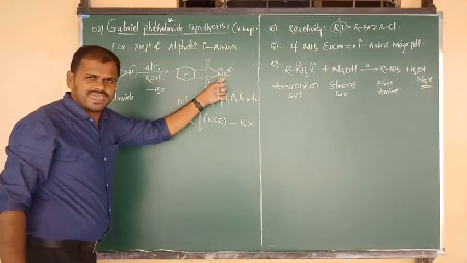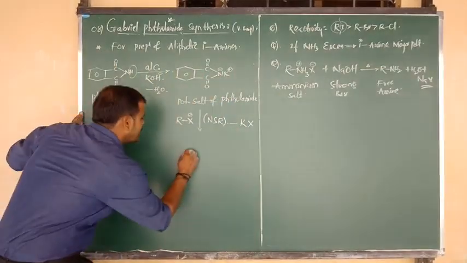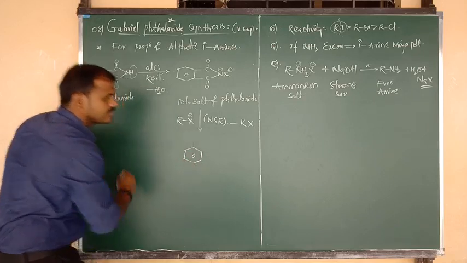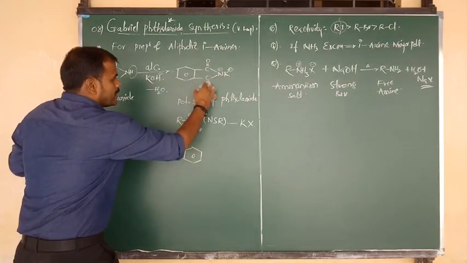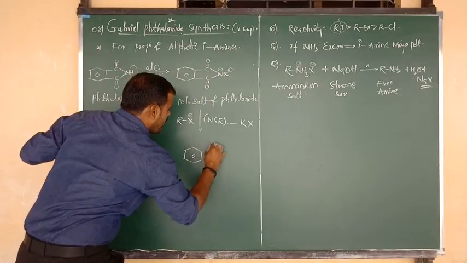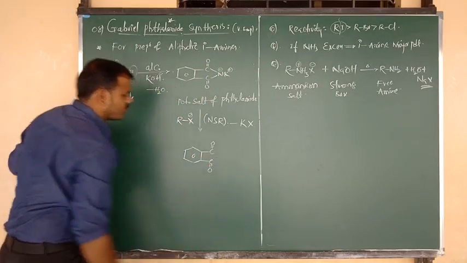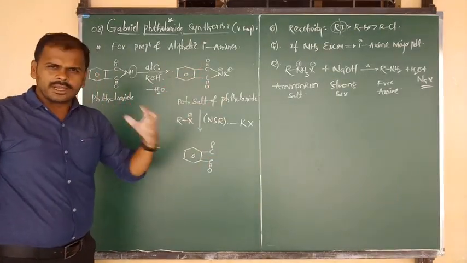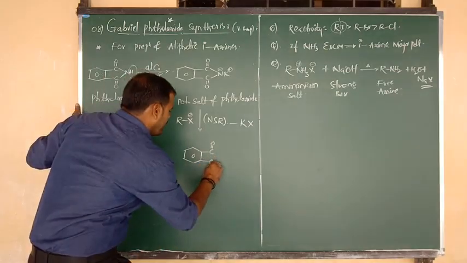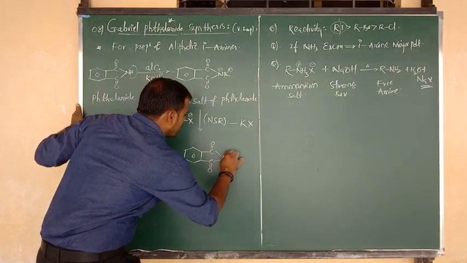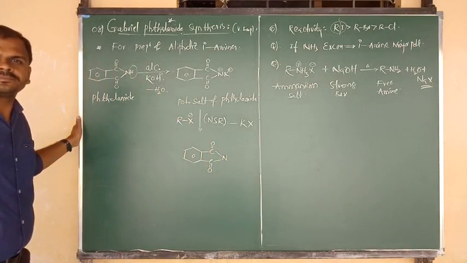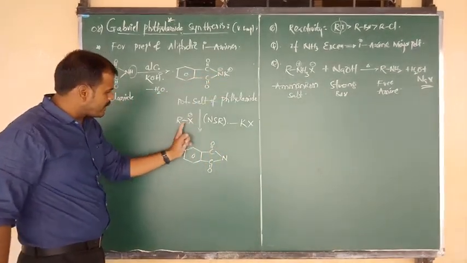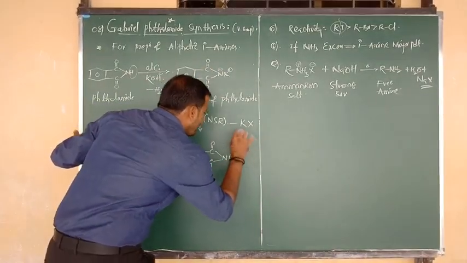The place of K is replaced by R. Same thing, I have written benzene connected to two C double bond O groups, and these two C double bond O groups are connected to the nitrogen atom. Next, in the place of K, we write the group that is nothing but R.